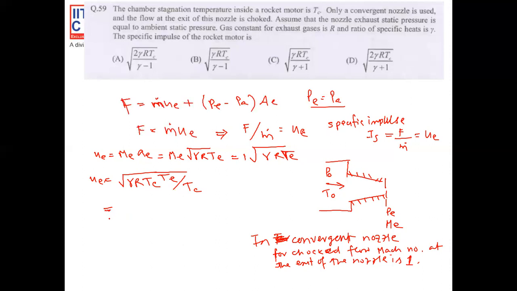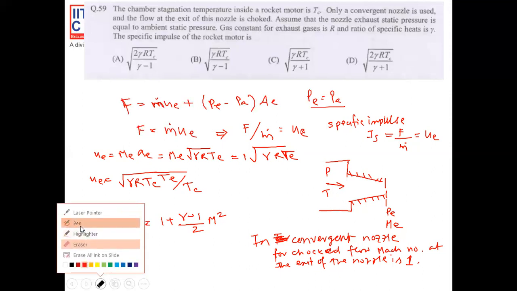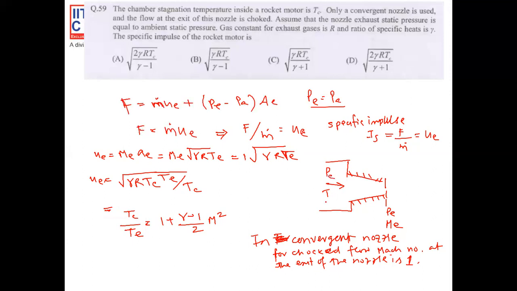And from the isentropic relation of the nozzle, we get that Tc by Te is nothing but 1 plus gamma minus 1 by 2 M square. As the flow inside the convergent nozzle is isentropic, the chamber temperature, or the total temperature of the flow, will remain constant throughout the nozzle.